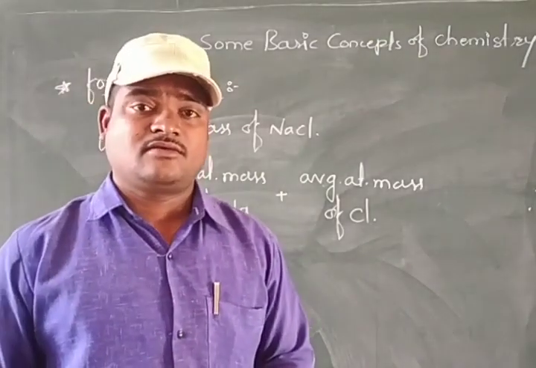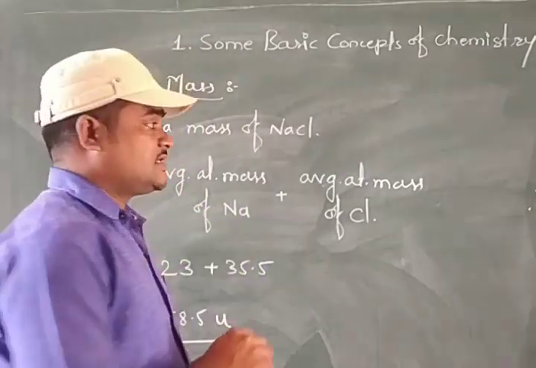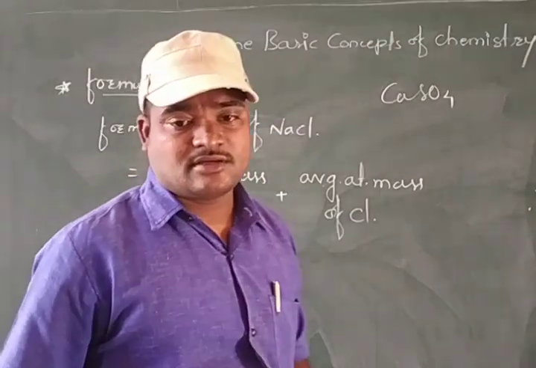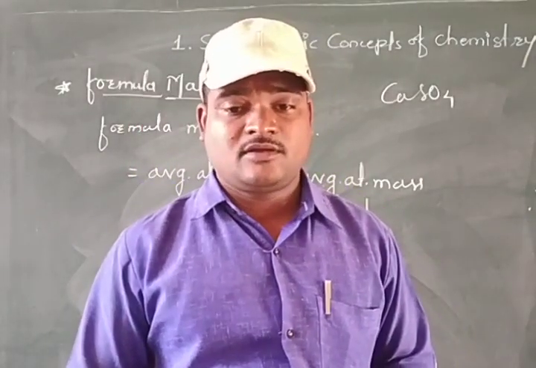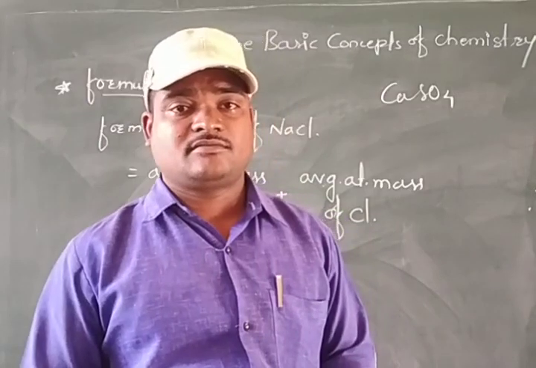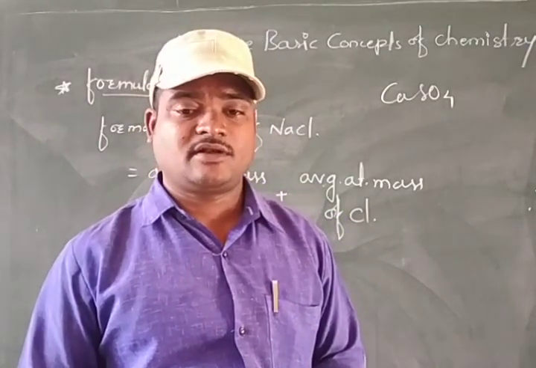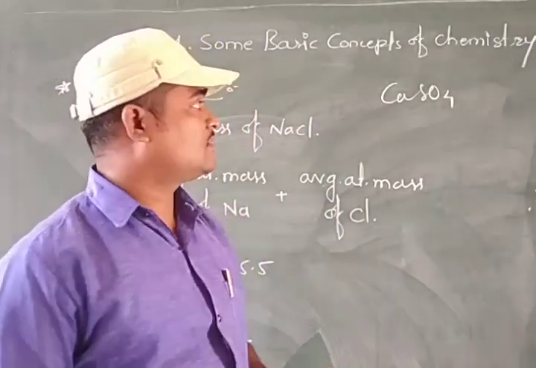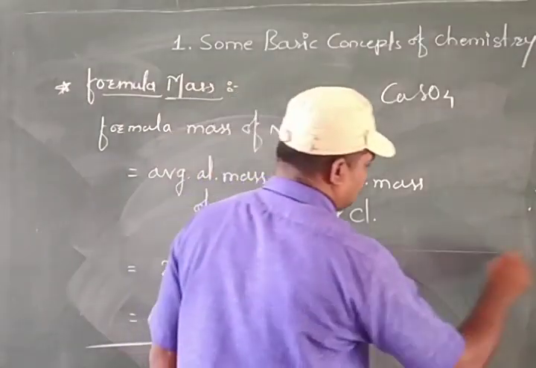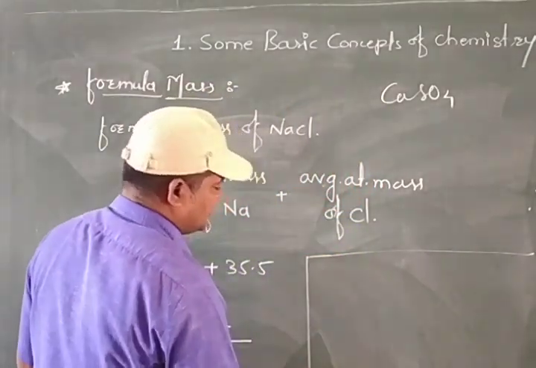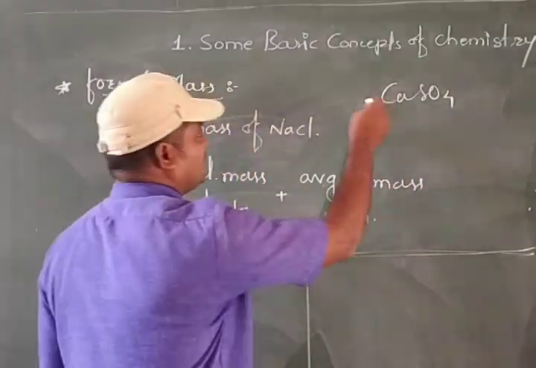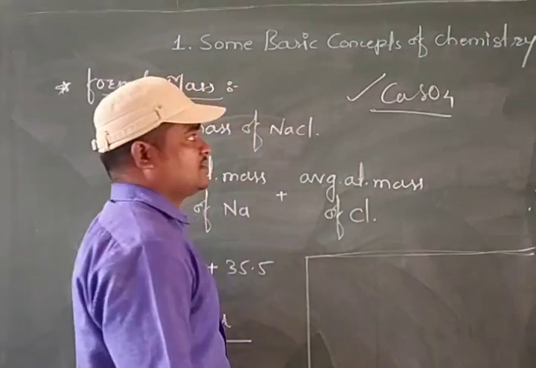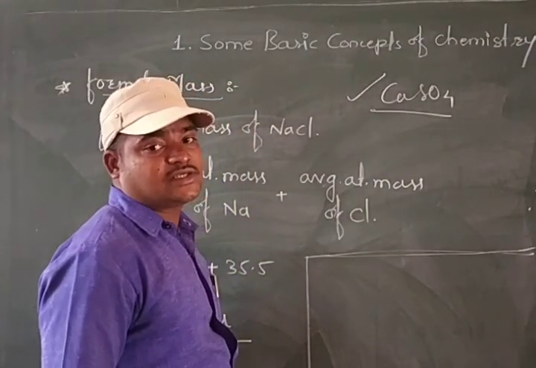You can take for your practice CaSO4, and you can also take ZnS. For calcium, the average atomic mass will be 40.1, for sulfur it will be 32, and for oxygen it will be 16. By doing all the additions, you can solve the formula mass for CaSO4.